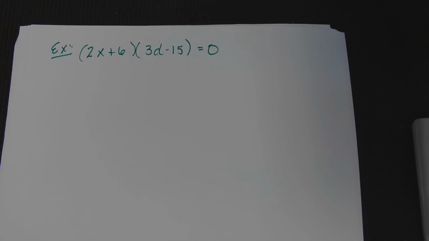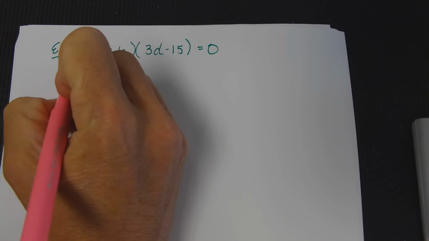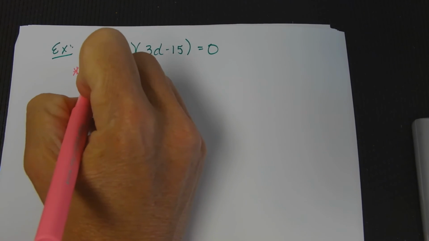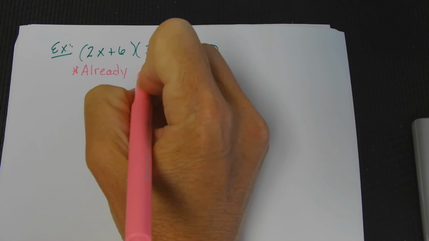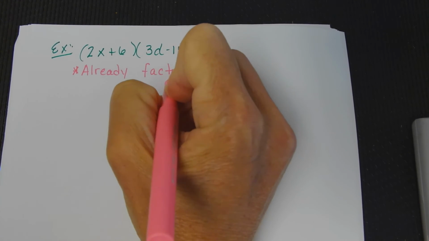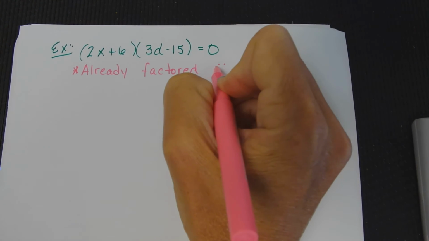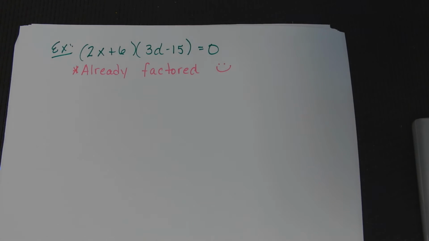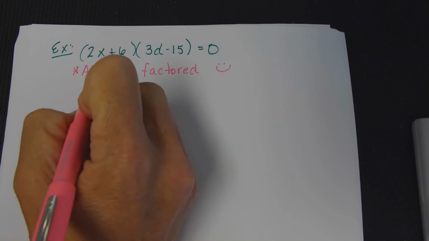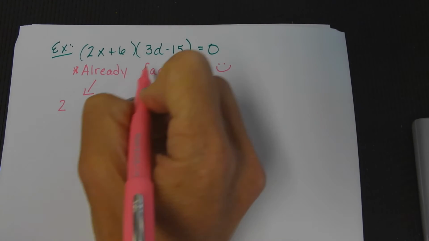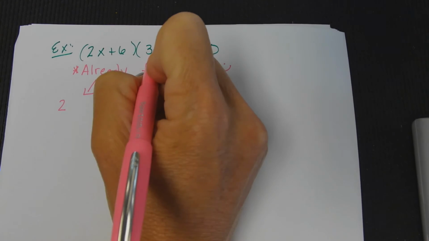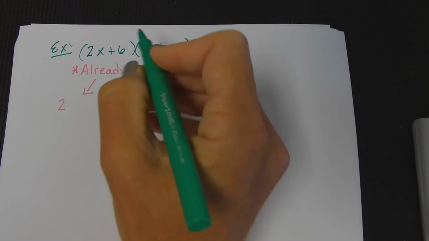Okay, so I'm going to write that down. Already factored. I'm going to even do a smiley face. So now what you do is you're going to set this equal to 0. Y'all didn't even notice I made a mistake.